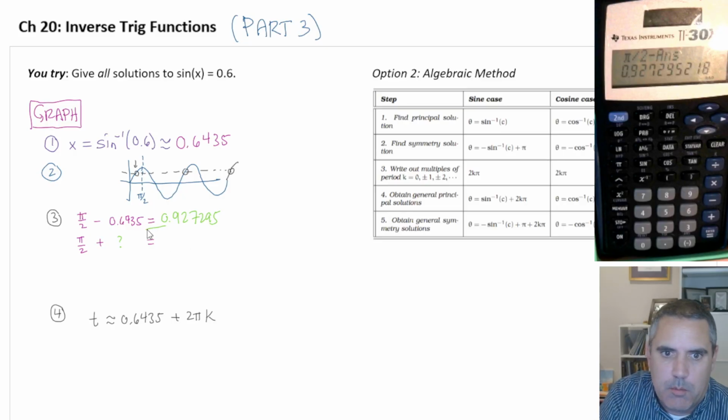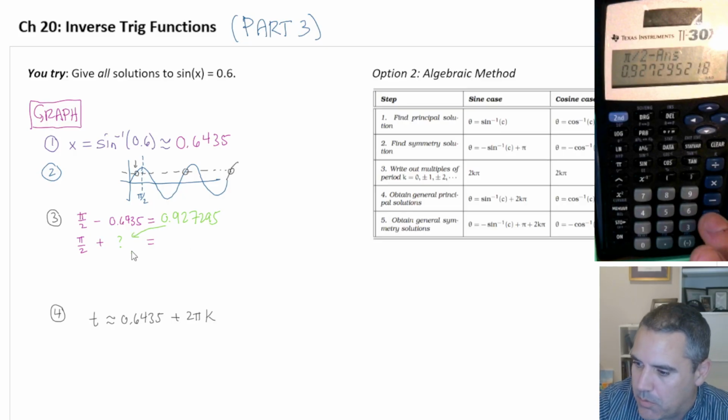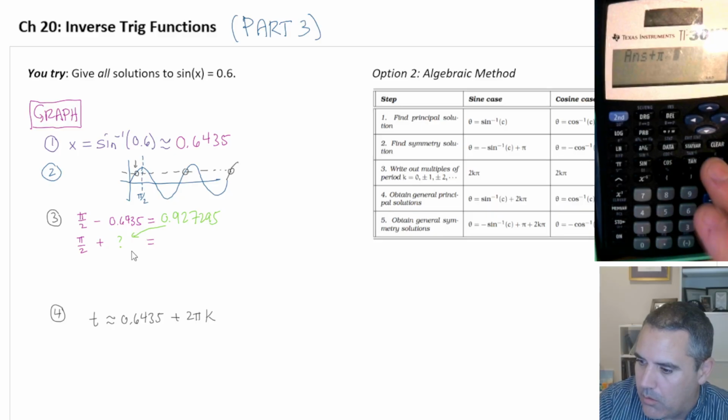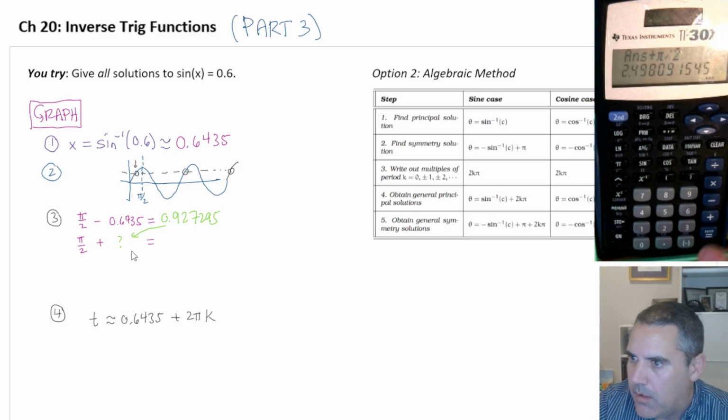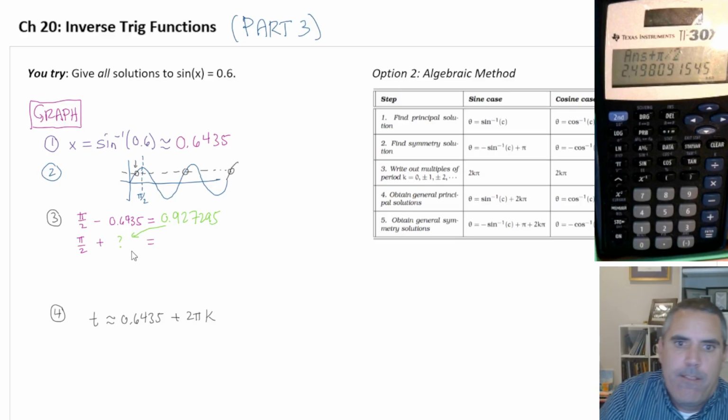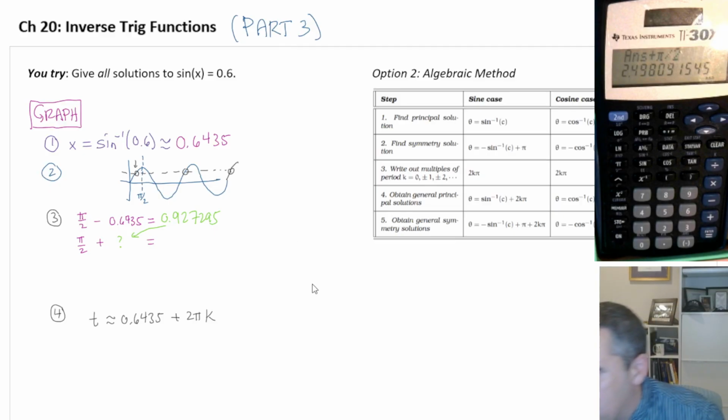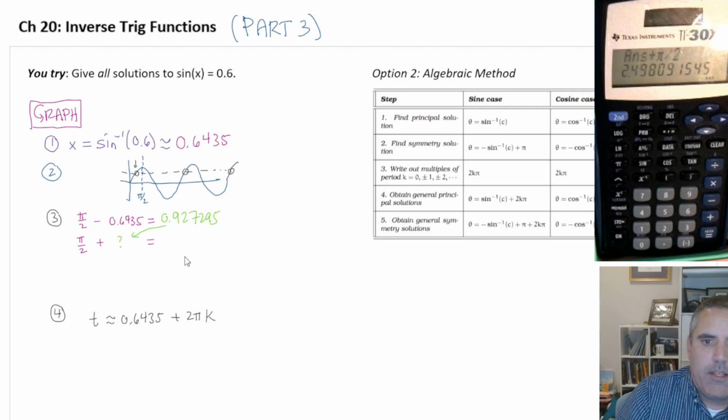I'm going to put that here and add it on. So you really just do plus pi over 2. Enter. And I'm getting this messy number, 2.498 in change, 0.91. That's the other family of solutions.